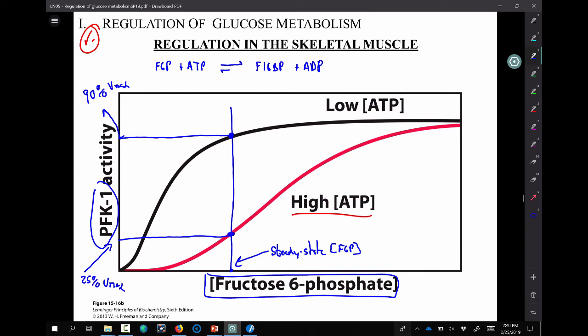This huge discrepancy between the two. Right. High ATP, again, would be the signal in the skeletal muscle saying there's no need to break down glucose to make more ATP. So it would diminish the activity of PFK1, of course.